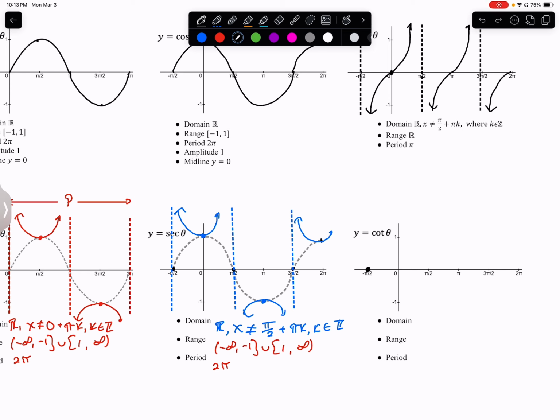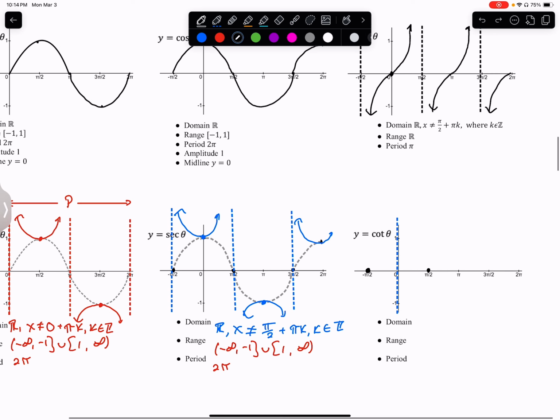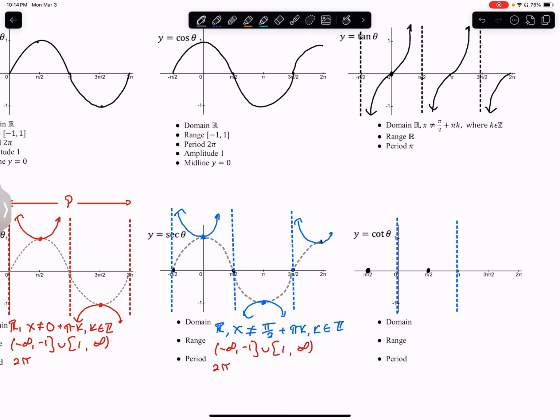If you reciprocate that, you're going to get a vertical asymptote. And then we have a vertical asymptote at pi over 2. Reciprocal of that is going to be 0. And then at pi, we're going to have a vertical asymptote. You can see this pattern. And at 3 pi over 2, it's going to be at 0. 2 pi over 2 is going to be a vertical asymptote.